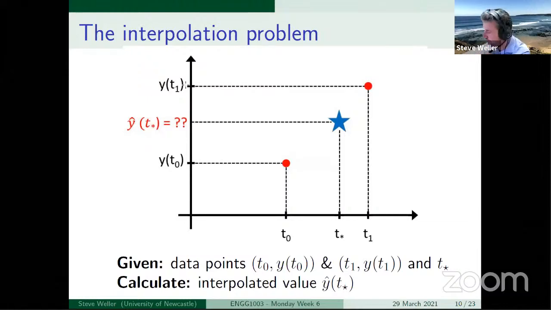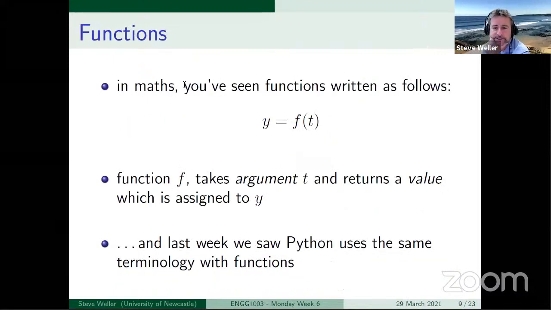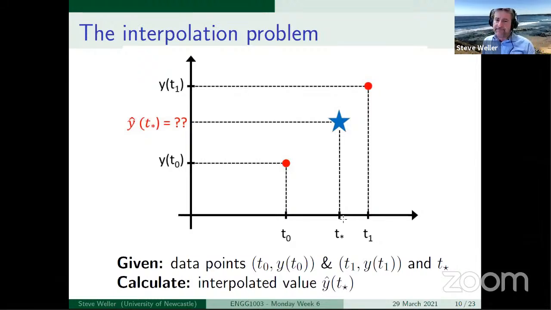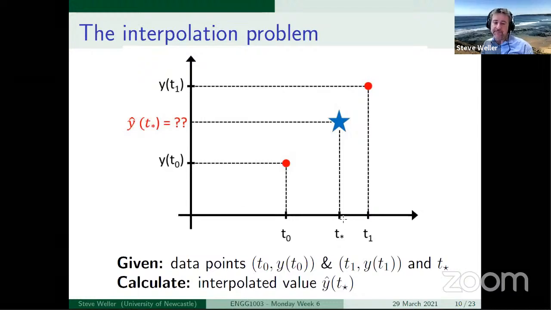So we're just using the function terminology that we explained on slide 9 here. We're given the two red dots, and we're also given this intermediate time t star, which falls somewhere in the range between t0 and t1. The interpolation problem is to calculate the value of the y function, an estimate of the y function, or the interpolated value at that time instant.